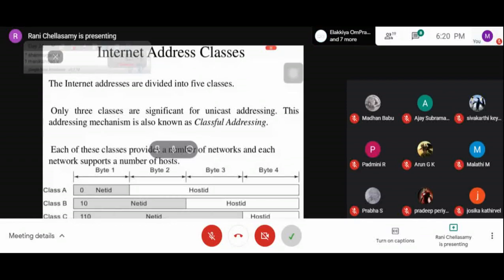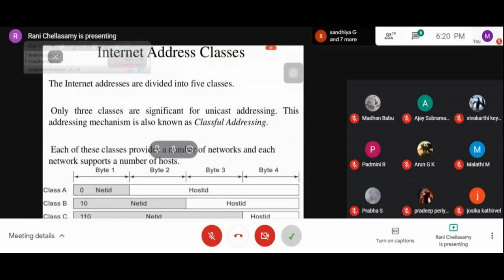As we have seen, an IP address consists of 4 bytes, and each byte ranges from 0 to 255. The first part represents the network part and the second part represents the host part.